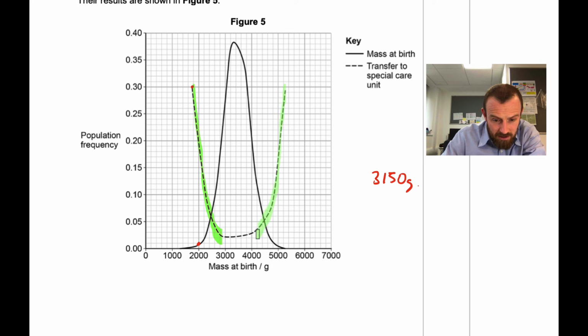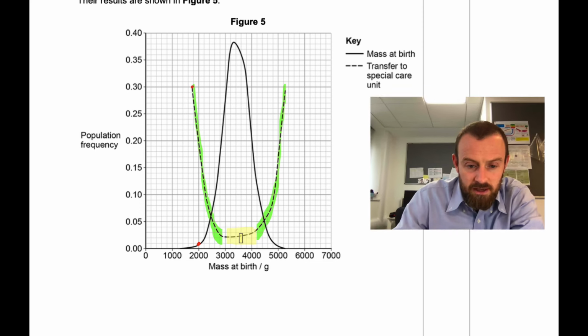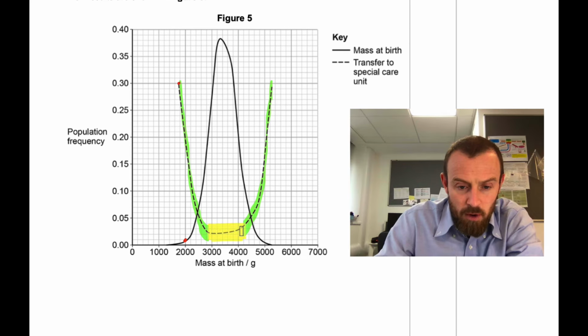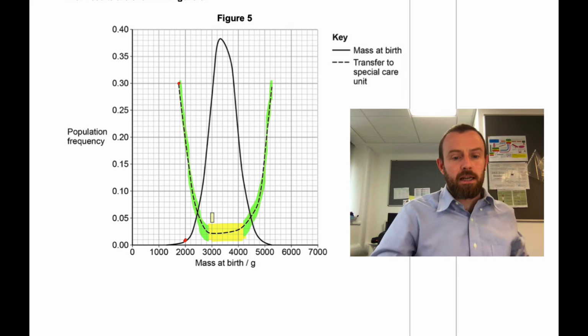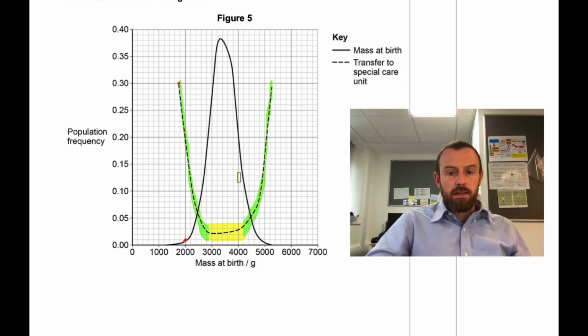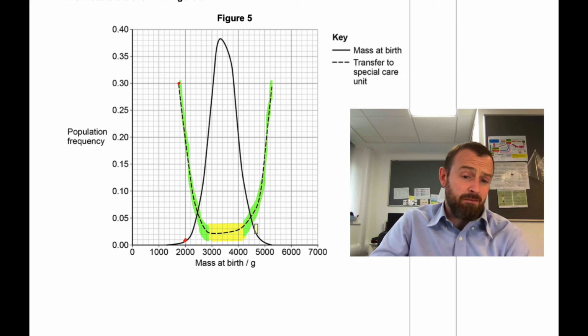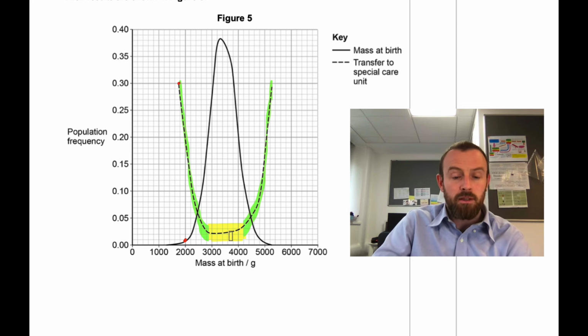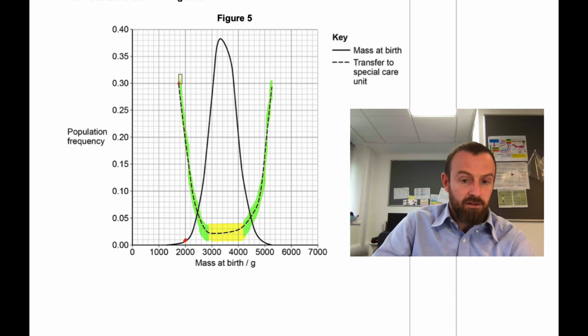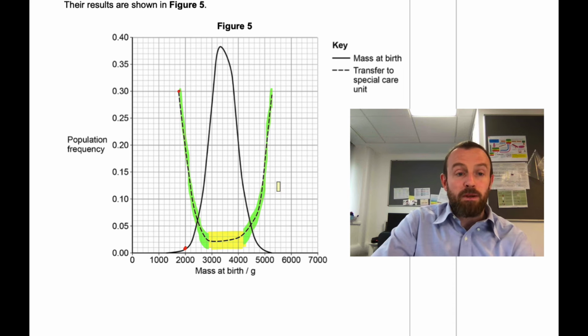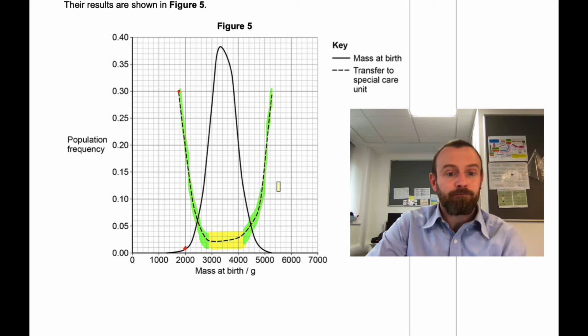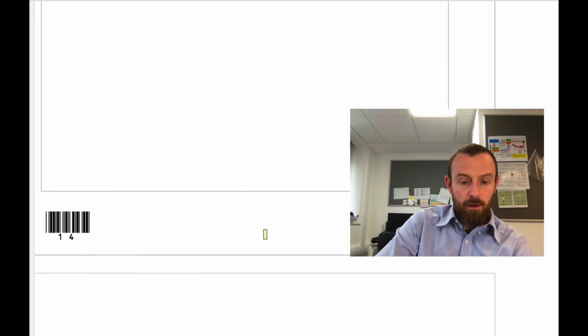So if you're in this yellow region of birth masses, it is highly unlikely that you're going to need to go to any special care unit. It doesn't seem to have much effect whether you're a little bit above or below this median, but if you go outside of this yellow range, then the risk of going to the special care unit becomes a lot higher. Okay, right, let's keep going.